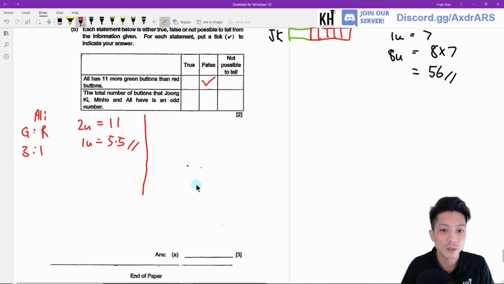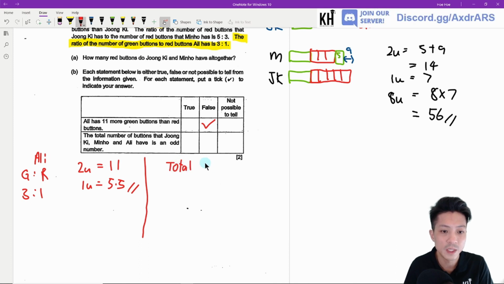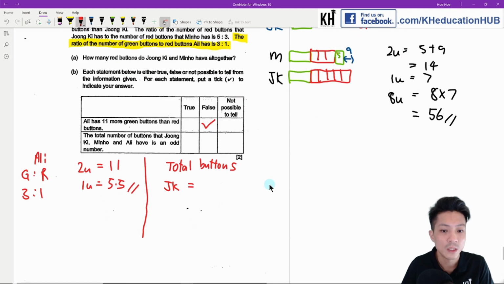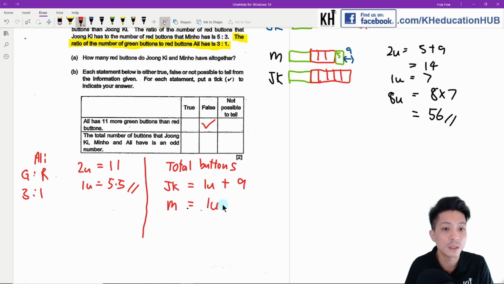Okay, this is gonna be a bit confusing. Okay, let us write something about the total buttons. Joong Ki has 9 more buttons than Minho. So now I'm gonna let Joong Ki be 1 unit plus 9. Minho will be 1 unit.